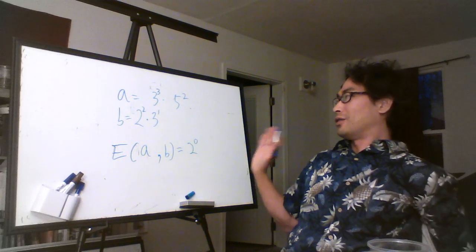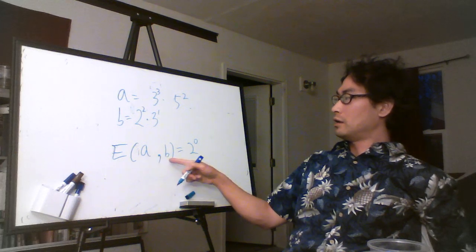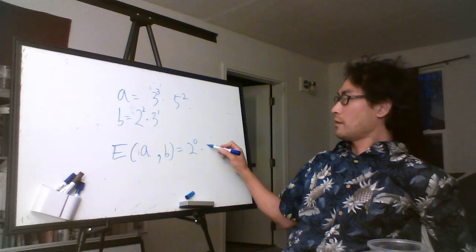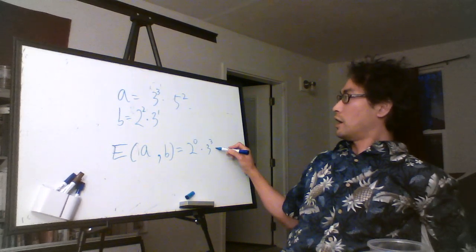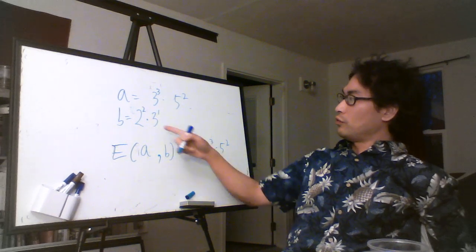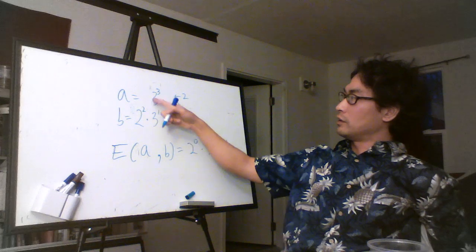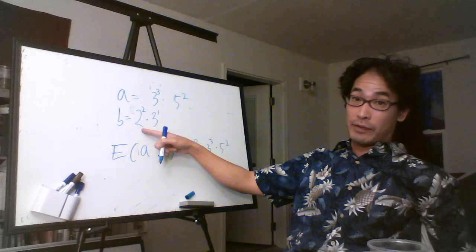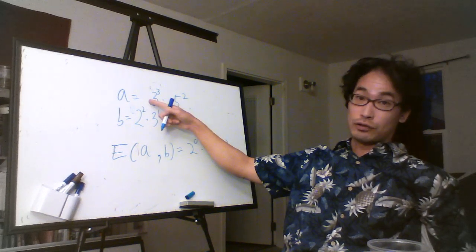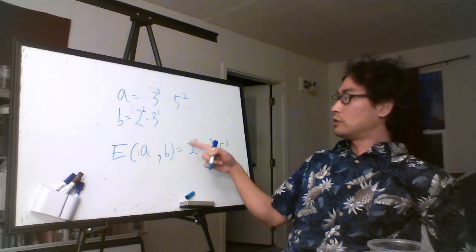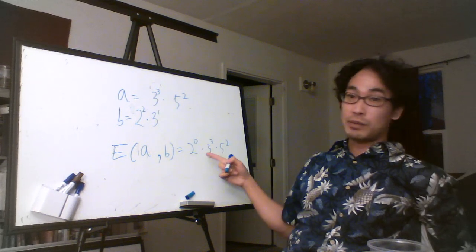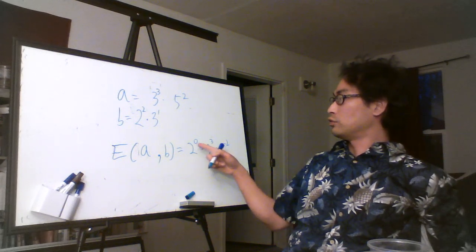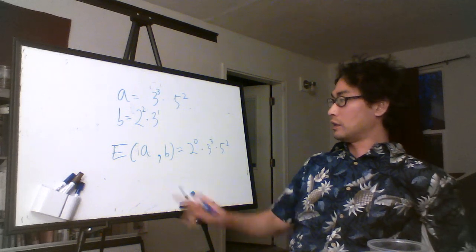So the expansion of A toward B is equal to 2 to the 0 times 3 to the third times 5 to the second. We are just trying to include what it doesn't have already, but B has prime factor 2. A does not have prime factor 2. So we are expanding A while preserving identity, equality. We just multiply 2 to the zero there. So that's the expansion function.